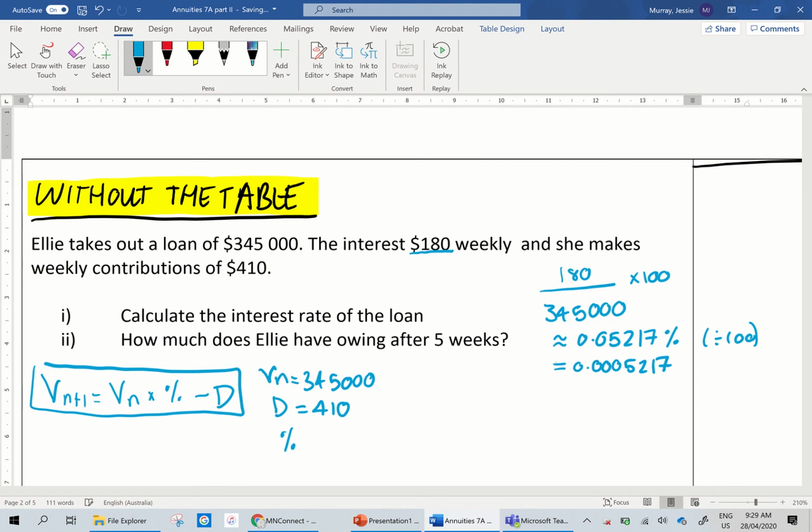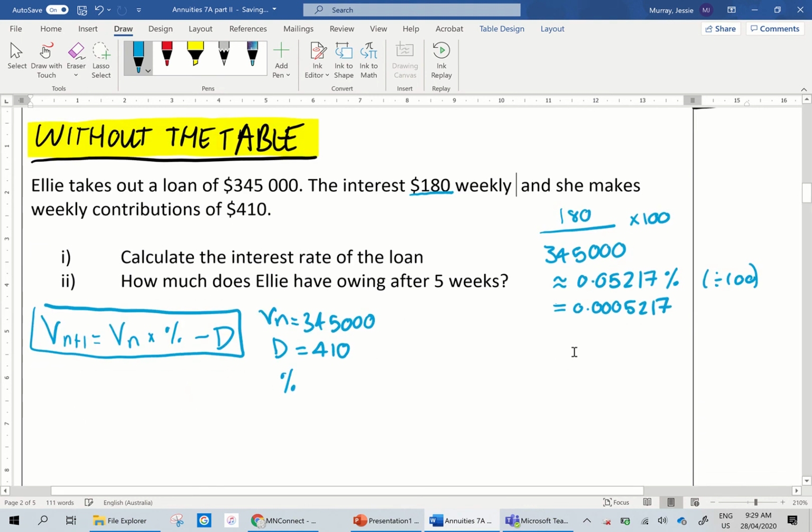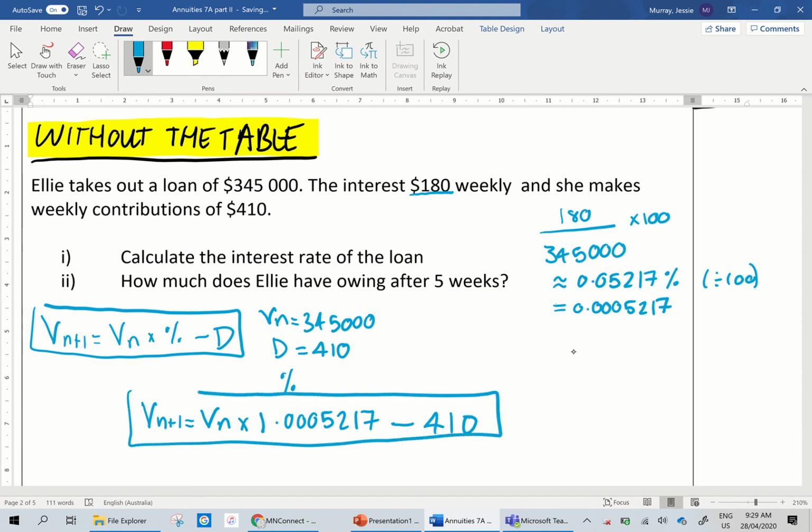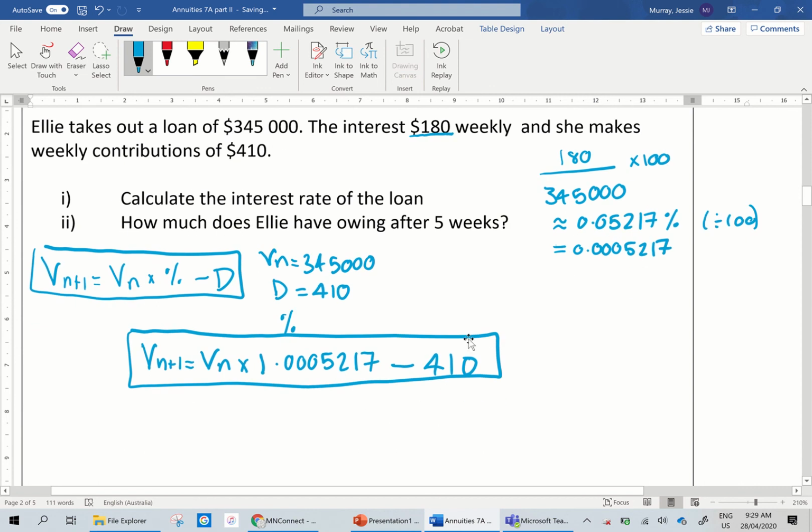Okay, so let's fill it into my recurrence relation. So I'm going to have that V_{n+1} is equal to V_n timesing by 1.0005217. Remember that 1 point, and I subtract off my 410. There is the formula of my recurrence relation, and now I can solve every one of these questions, no matter how many weeks they ask.